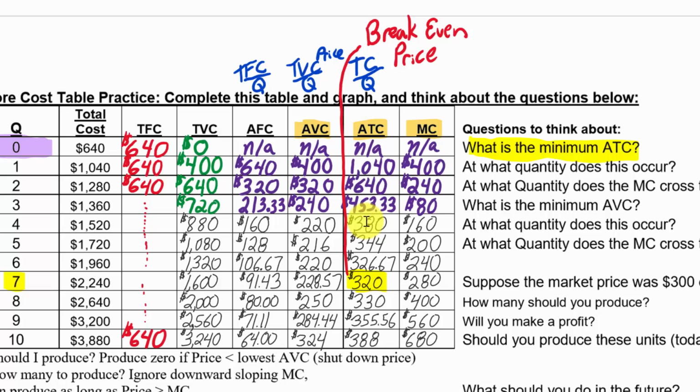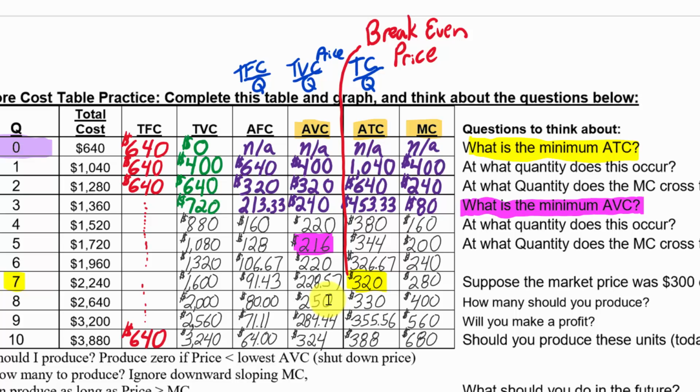Now let's look at another interesting price in this table, and that is to look at the minimum average variable cost. So that's right here. Let's look at the average variable cost column, find the lowest number, and the lowest number is $216. Now this is also a very important number that we have to highlight and keep track of whenever we're analyzing a business's decisions.